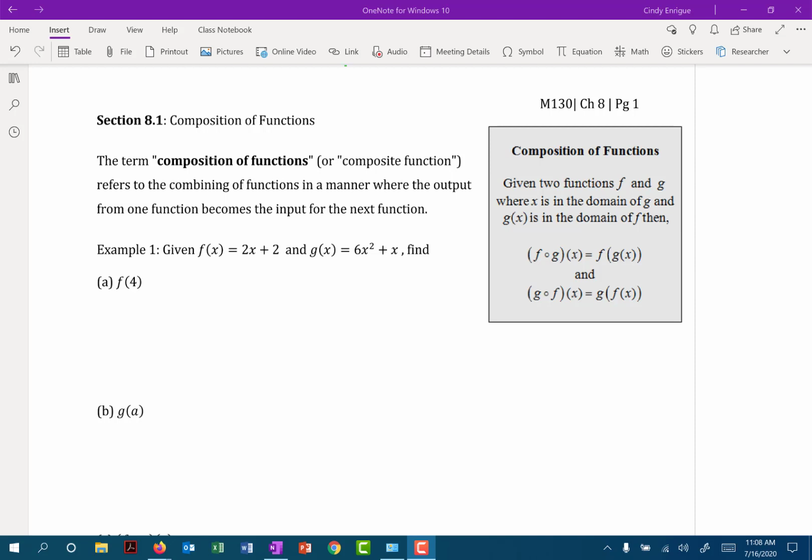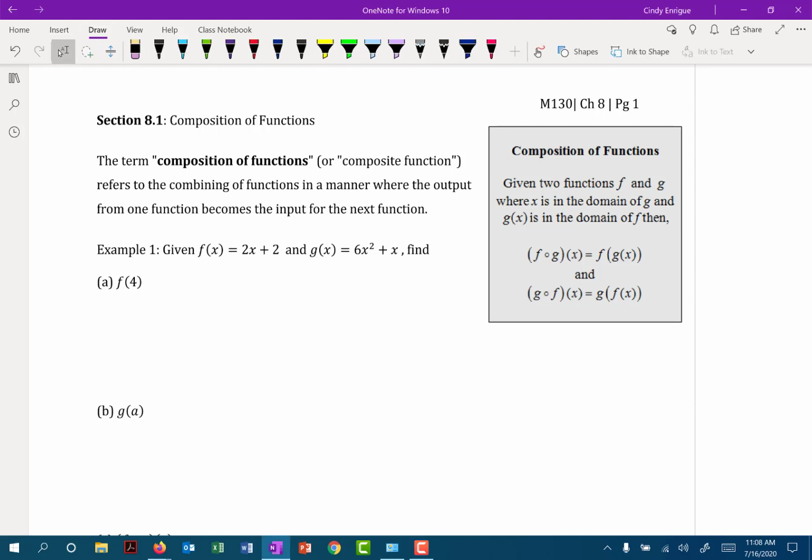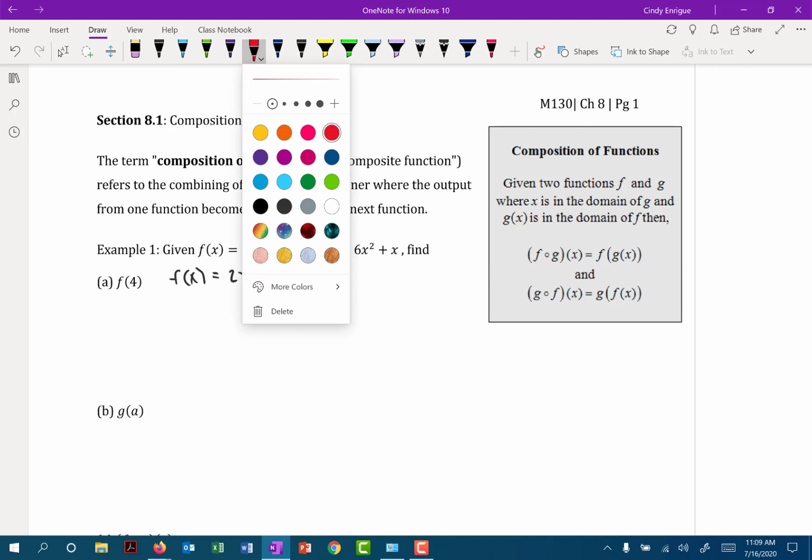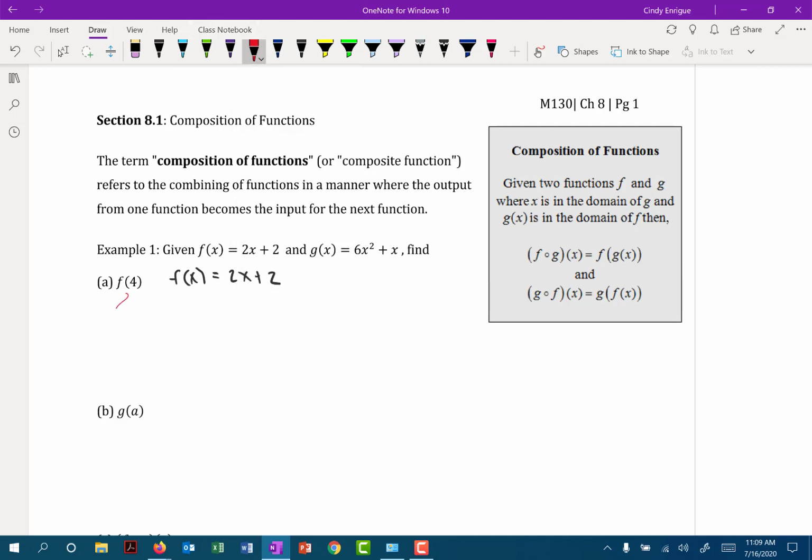For part A, all we're looking for is the value of my function f when x is equal to 4. We know that our function f of x is 2x plus 2. This is saying let your x value equal 4 and plug that into your equation.